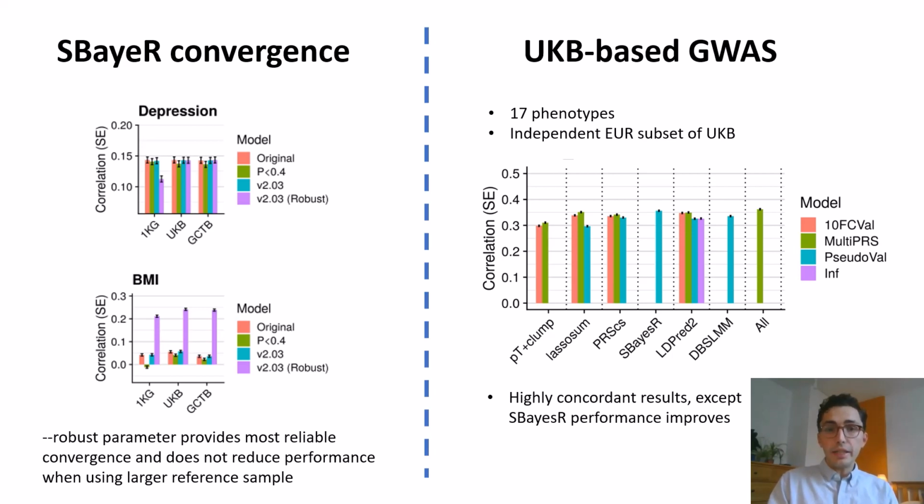The results are highly concordant to the results when using the largest publicly available meta-GWAS results, which is reassuring that our findings are reliable. However, the performance of SBASER did improve, again highlighting that SBASER is more sensitive to GWAS quality than other methods. But when the quality is good, SBASER performs very well, and appears to be the best method in this analysis.